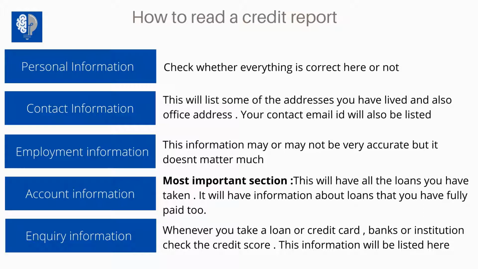This is a section which you should check to see which banks or financial institutions are checking your CIBIL score. Whether it will affect your credit score or not, we have provided in the bonus tips. So let's look at the most important section, which is the account information.